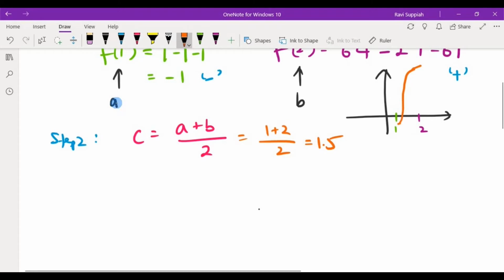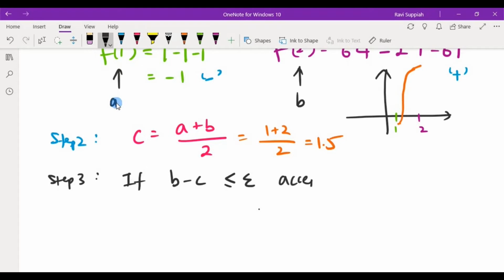Then we have step 3. In step 3, if b minus c is less than or equal to epsilon, which is the tolerance we are willing to accept, then we accept c as the root and we can stop.